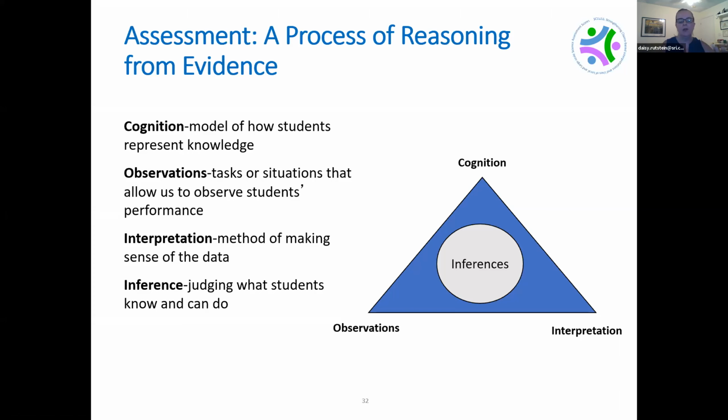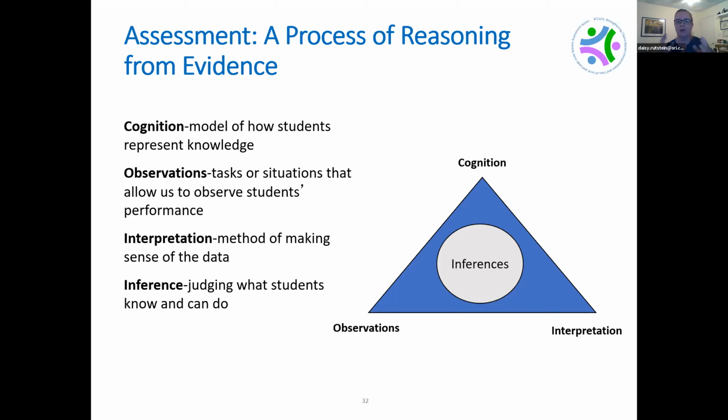And then we also need to think about, what can we observe about our students in order to allow us to make inferences on what we want the students to know. So when you're doing an assessment, there's some type of observation of your students. And then from that observation, you're interpreting that in order to make an inference about what a student knows and can do.